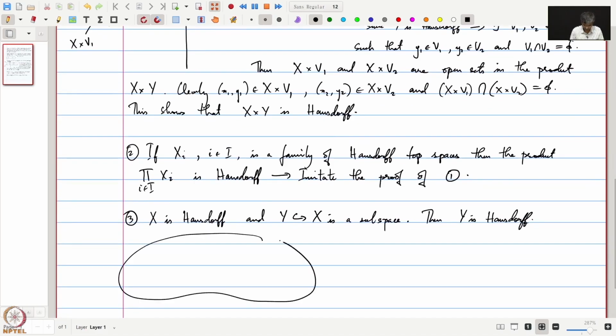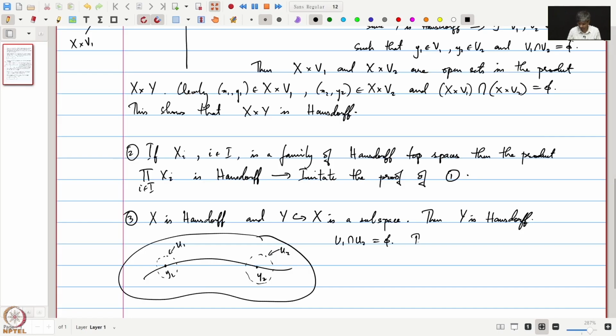Suppose this is our X and let's say Y is this. If you take any y1 and y2, then since X is Hausdorff, there is an open set U1 containing y1, U2 containing y2 such that U1 intersection U2 is empty.